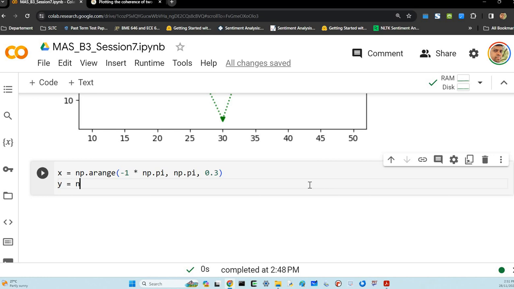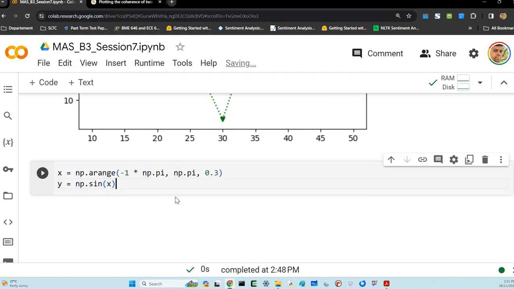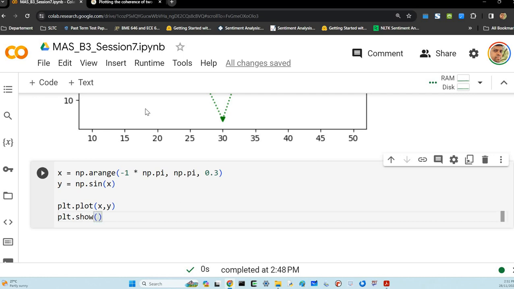Y on the other hand, I will put np.sin of x. We have x values and y we define as sine of x. Now we know what to put: plt.plot(x, y) and plt.show().